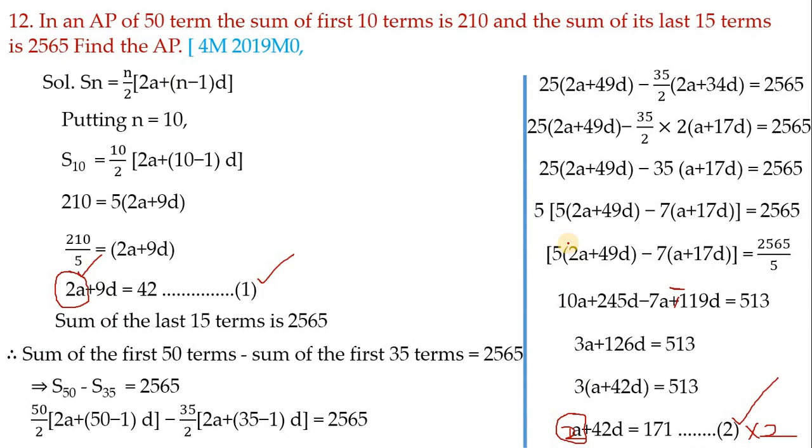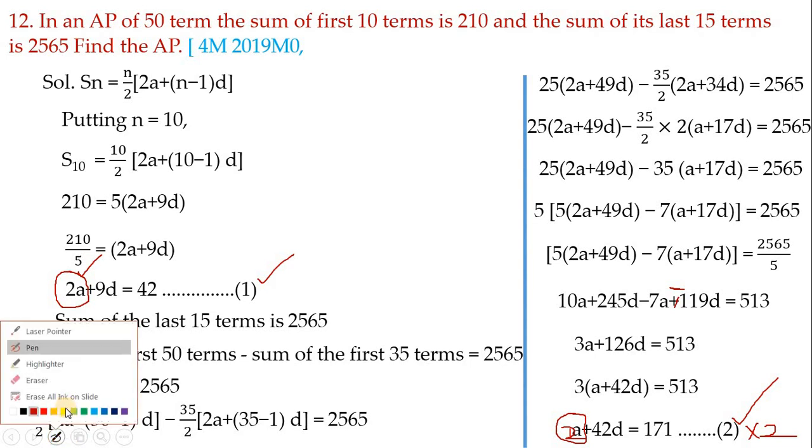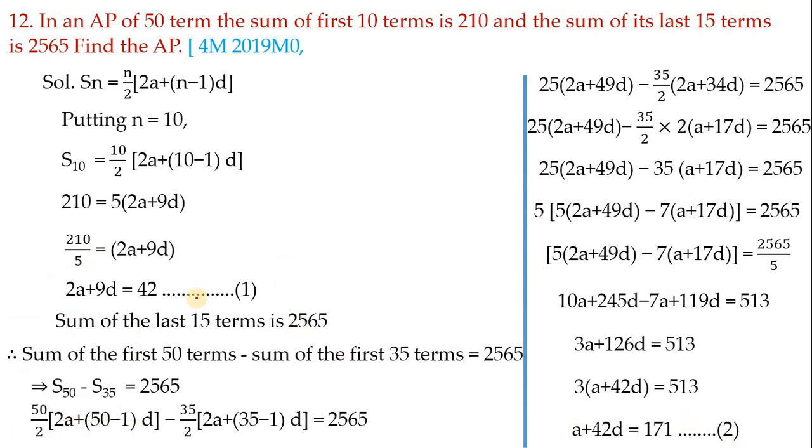So here, look at, now we have to solve equation 1 and 3, not 2. Because for 2, after multiplying by 2, we have got the same a coefficient. Hence, we have to solve equation 1 and equation 3.